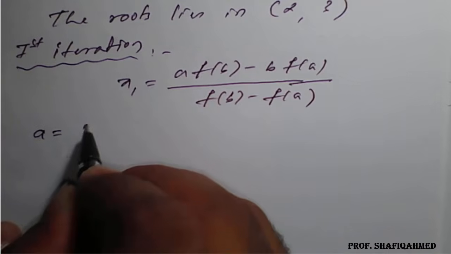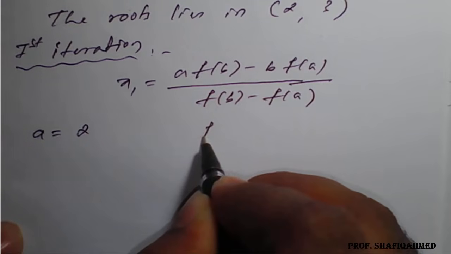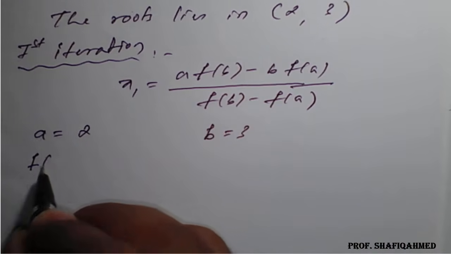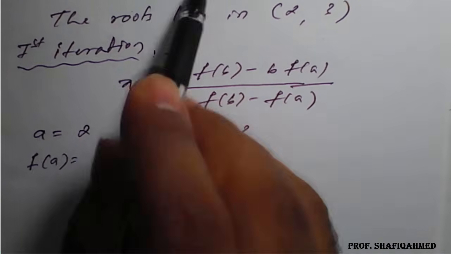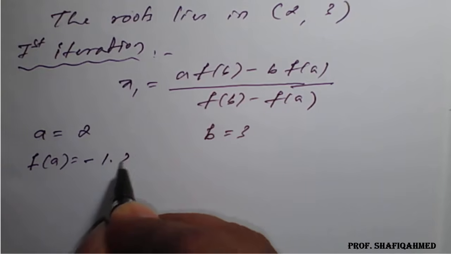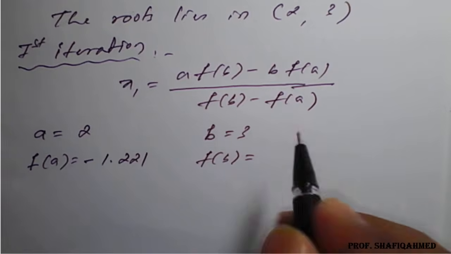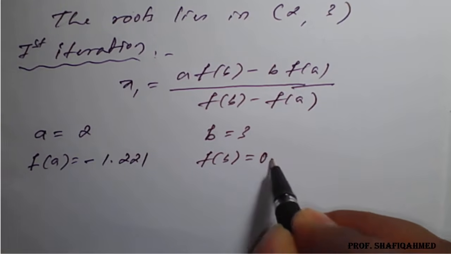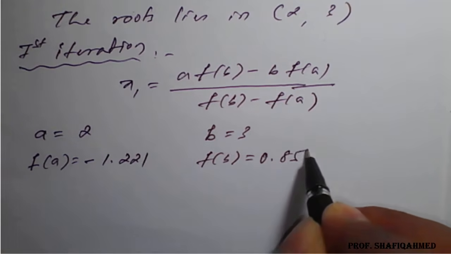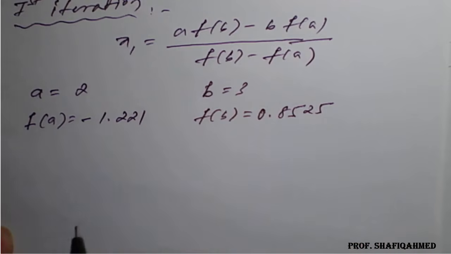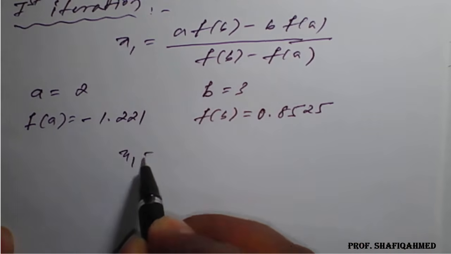The a value is 2, the b value is 3, f of a, that is f of 2, is minus 1.221, and f of b, that is f of 3, is 0.8525.